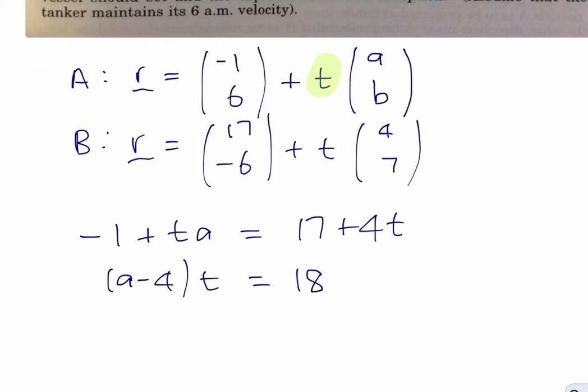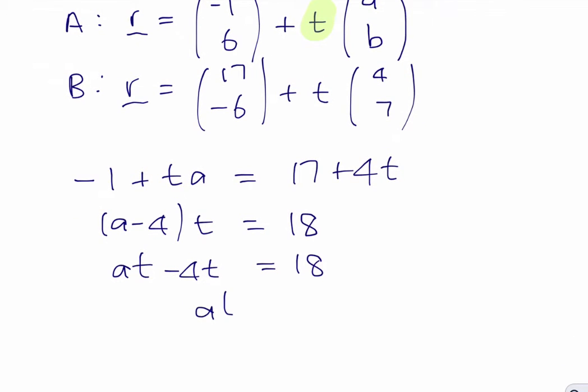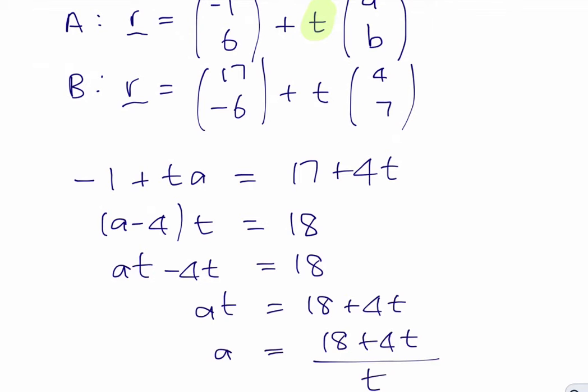So I know that in this case I want to get A on its own. So let's go At minus 4t equals 18. So At is equal to 18 plus 4t. So A is equal to 18 plus 4t divided by t. There's our value of A in terms of t.